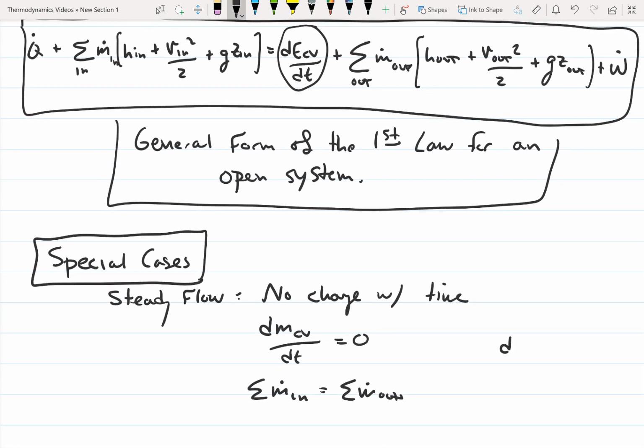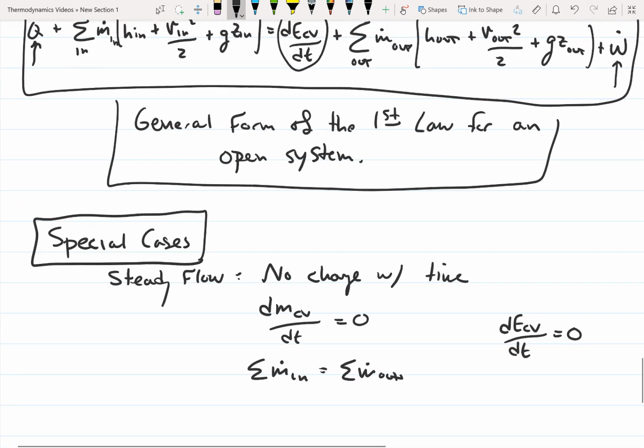So I'm going to also write that dE_CV/dt is equal to 0. Basically there's no change in the state of the thermodynamic properties at the inlets and outlets with time. And the rate of heat input or output and the rate of work input or output remain constant with time.